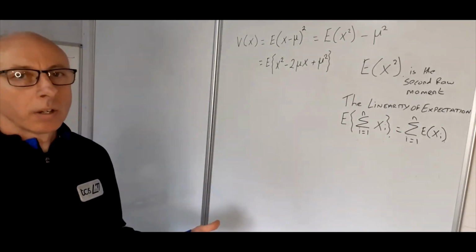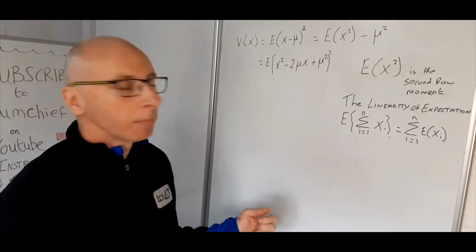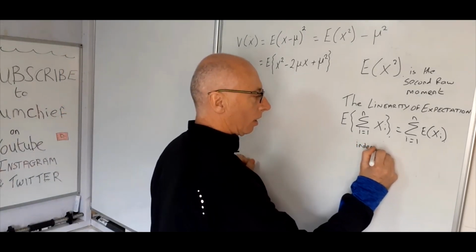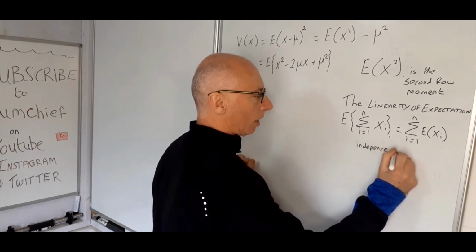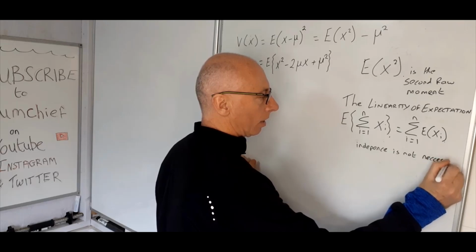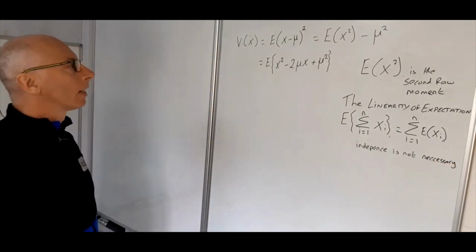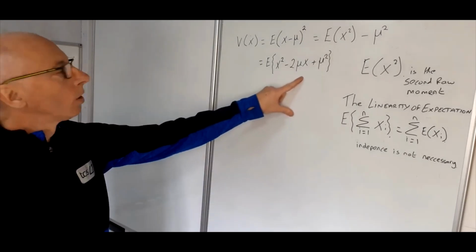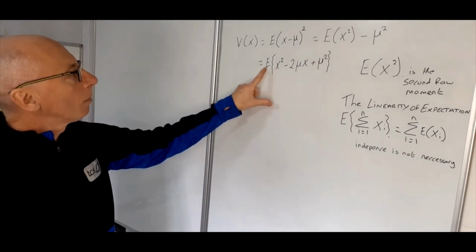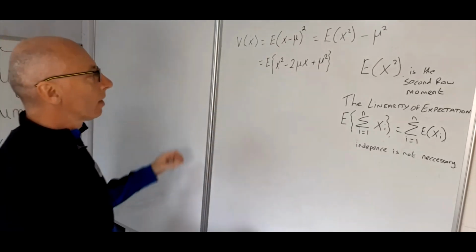And this also holds in terms of all the terms; they don't have to be independent, so independence is not necessary. Okay, so therefore what we can do here is bring the expectation into each of these and see where that takes us.